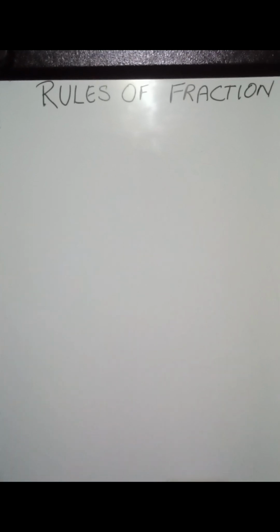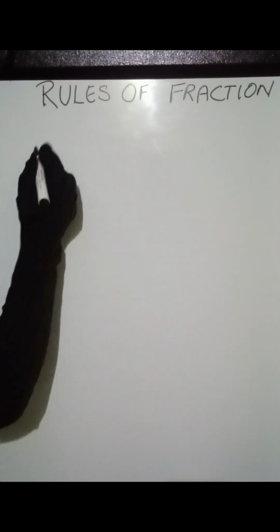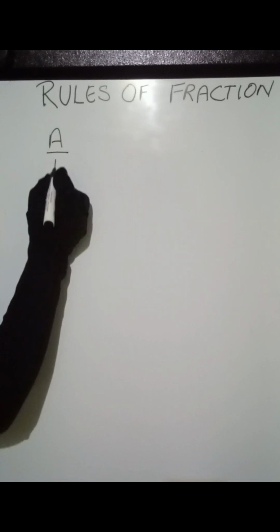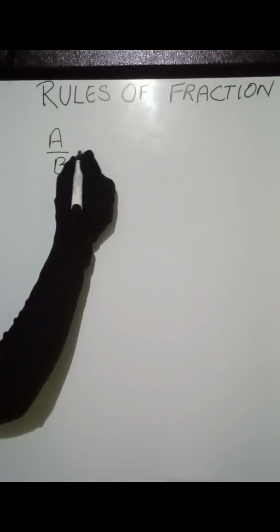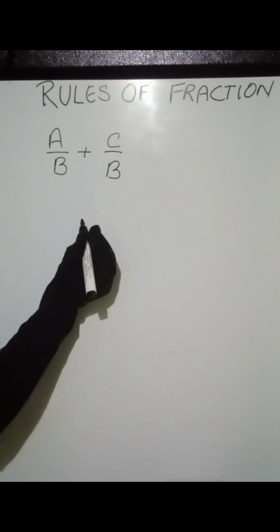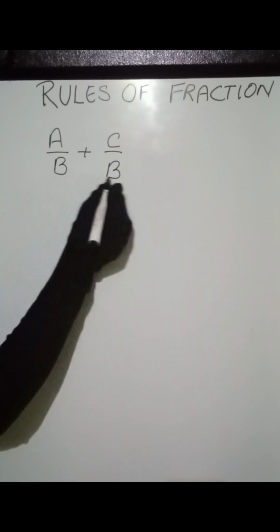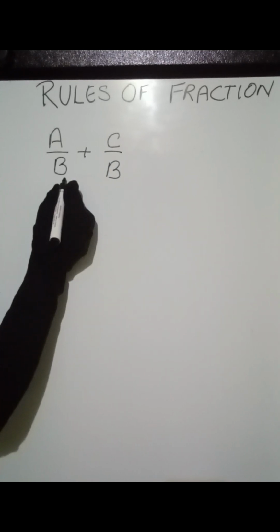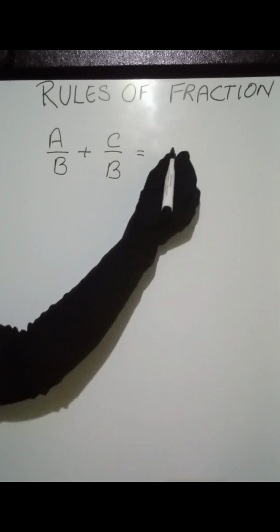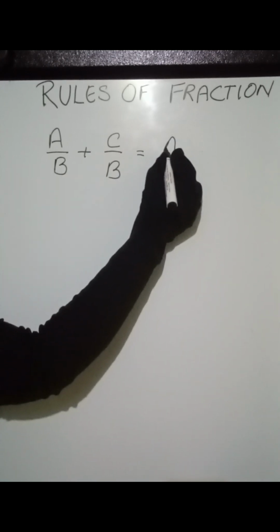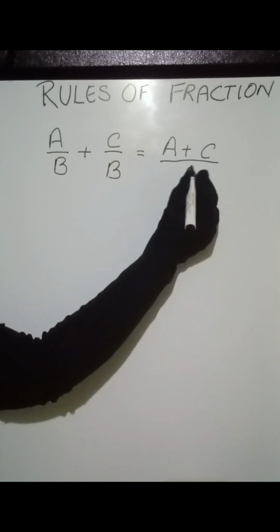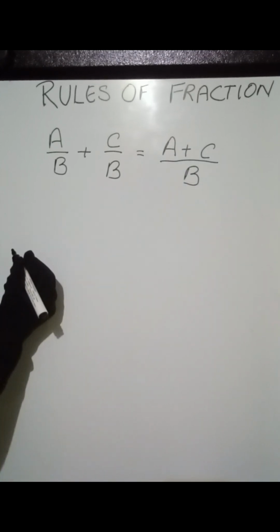So it goes like this. If you have A by B plus C by B, since they both have a common denominator, then this will be equal to A plus C by B. Okay?